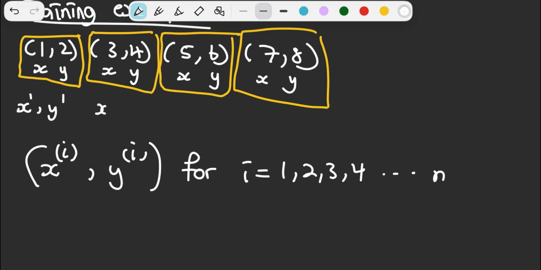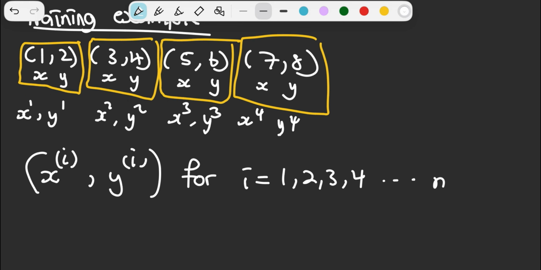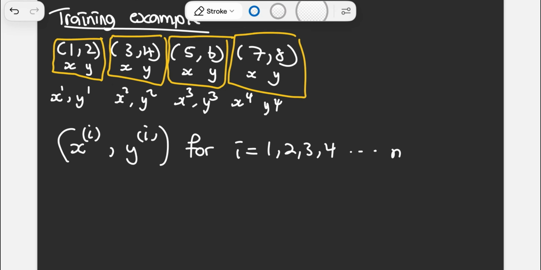Okay, this one's going to be x2, y2, x3, y3, x4, y4. So this is a way in which we can explain what a specific data point is. If you see a number at the top, that just means this is the first training data example. If you see a number at the bottom, it's going to mean something else. So just keep this in mind. That's how we represent a training example.